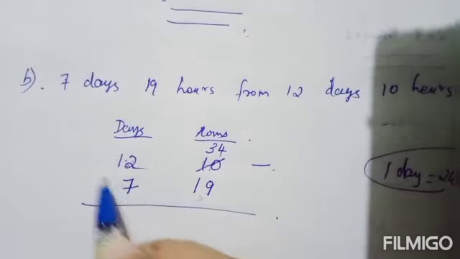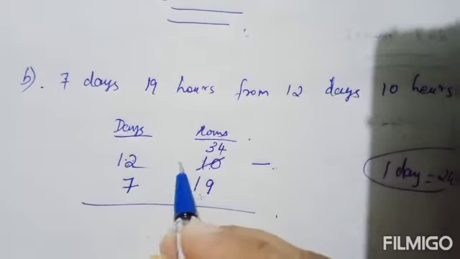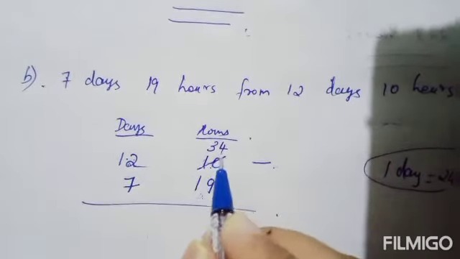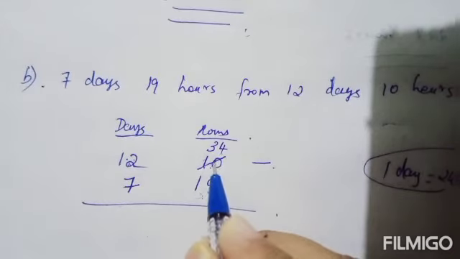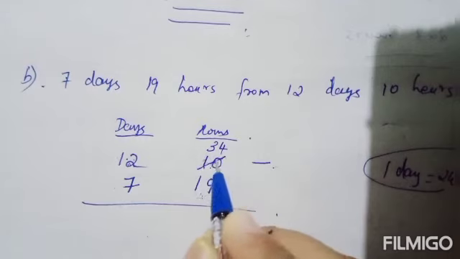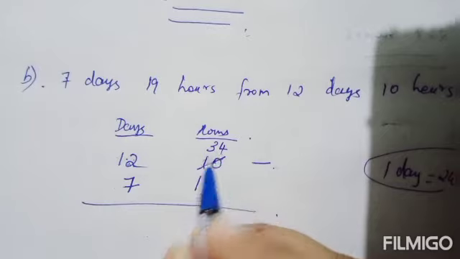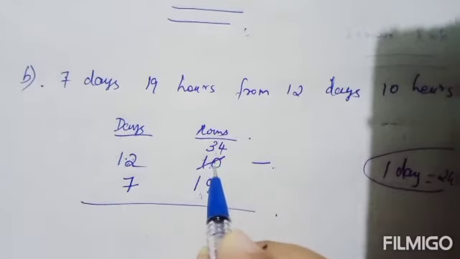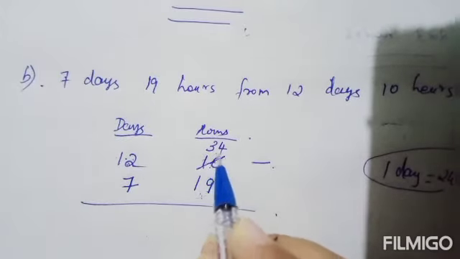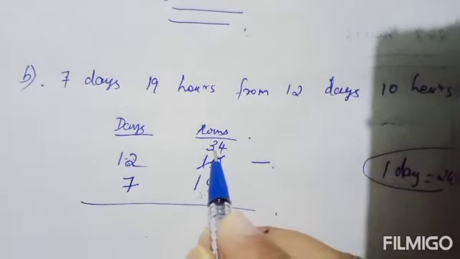Here this 10 will be 10 plus 24, you will get 34. That 24 hours you are adding to this 10.